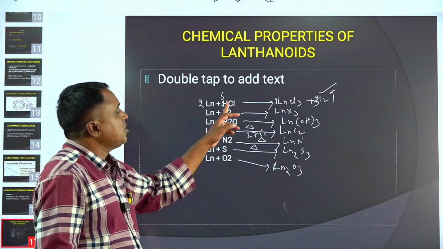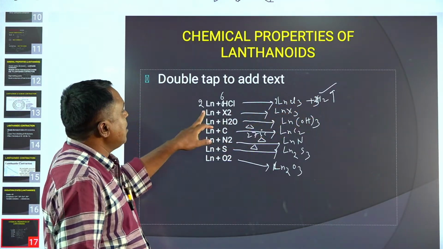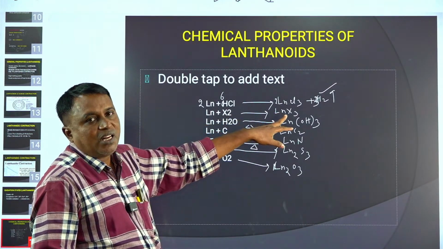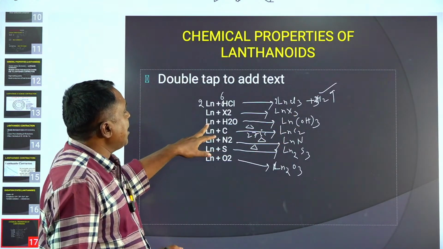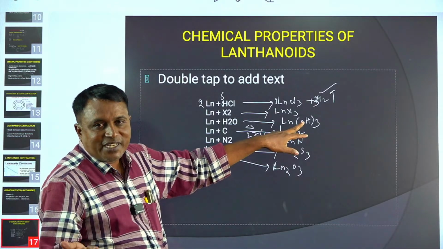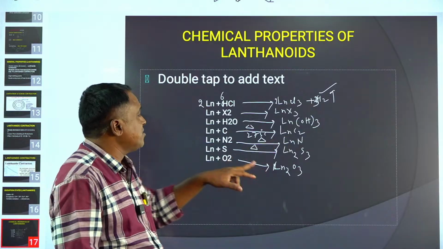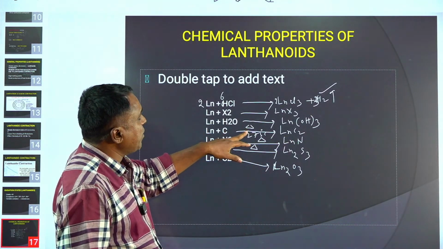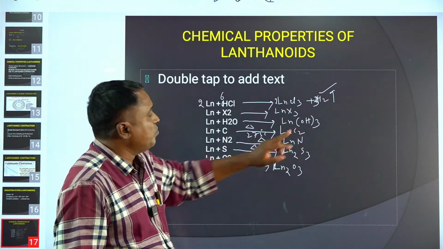So lanthanum reacts with acids forming hydrogen gas. Lanthanum upon treatment with chlorine or halogens gives LnX3, AlCl3 type. Lanthanum reacts with water, you will get Ln(OH)3. Lanthanum reacts with carbon at 273 degrees Celsius heating, you will get LnC2.